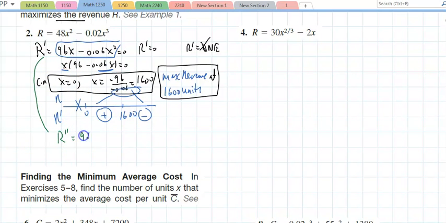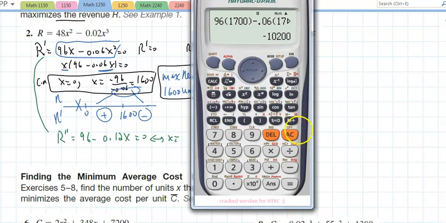Isn't the second derivative 96 minus 0.12x? Where does that equal 0? That equals 0 only when x equals, I have a calculator. What is 96 divided by 0.1? Oops, 12.